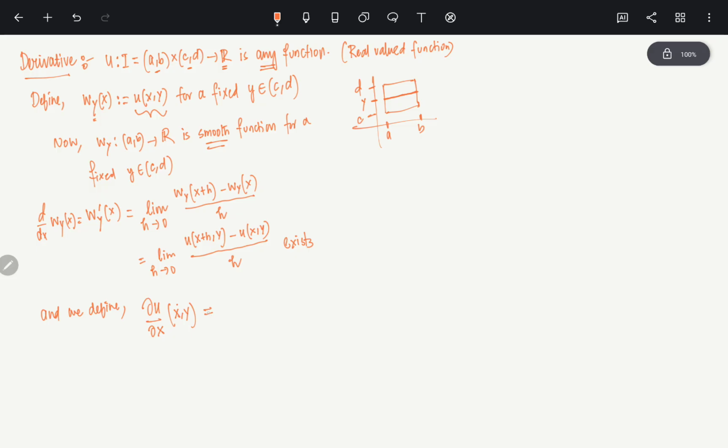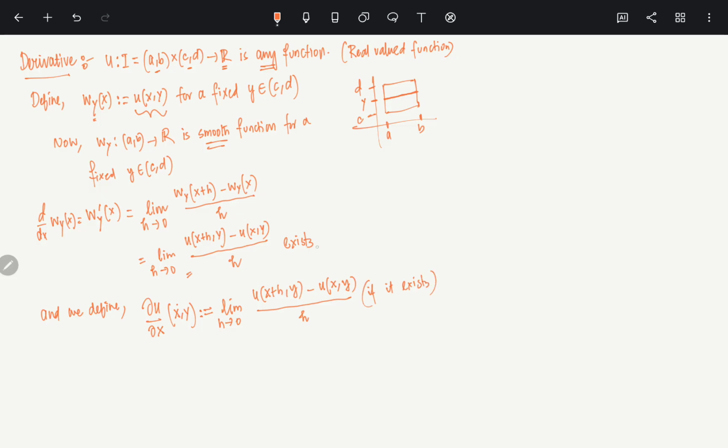We will define it to be this particular limit: limit h tends to 0, u of (x plus h, y) minus u of (x, y), by h. See, y is not changing, we are only looking at the change in the x direction. If it exists, of course.